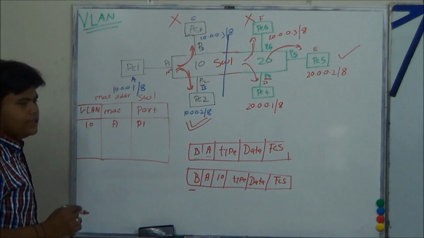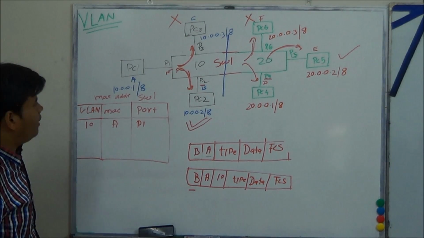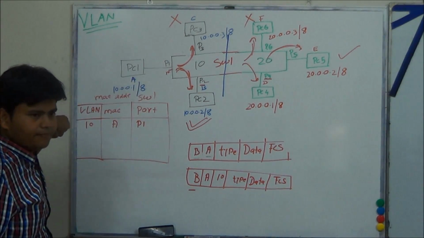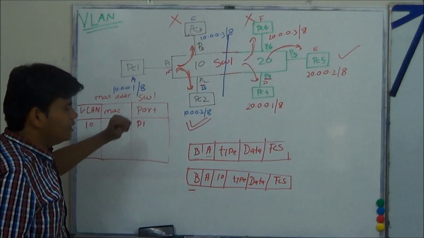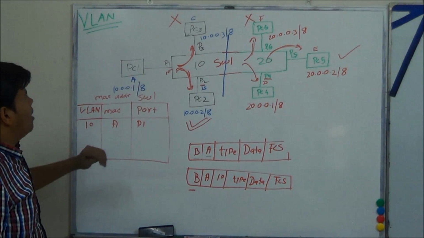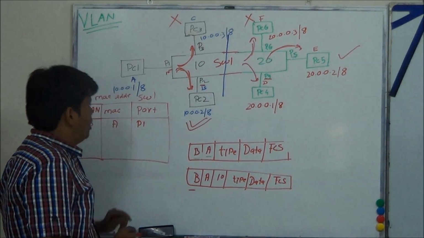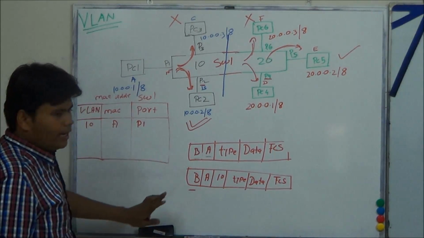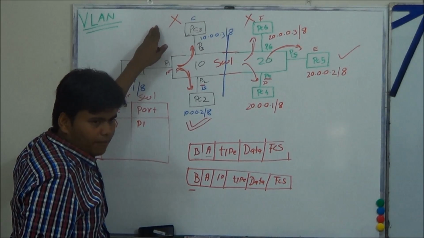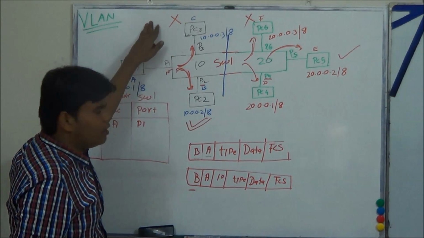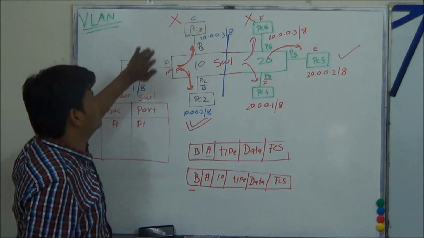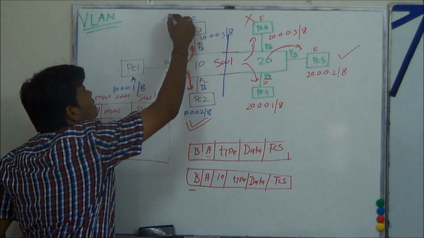Now initially, if we assume that PC3 receives that frame, it checks the destination MAC address of the frame, which is B, and compares it with its own MAC address, which is C. It does not match, so it simply rejects.